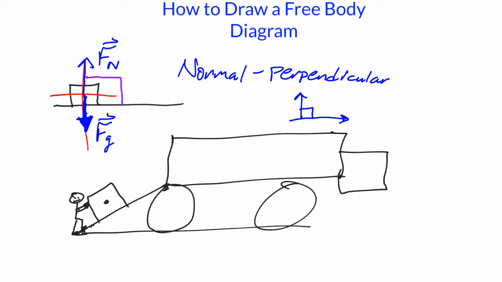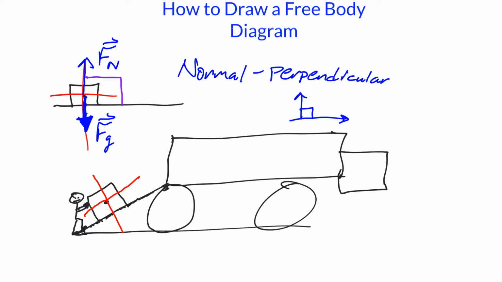So there is friction between the ramp and the box, all right? So the first thing that we want to do is we want to draw our x and y axis. Now, I suggest that we kind of tilt our x and y axis and make it follow the ramp, okay? Now let's start putting all of our forces on there, okay?